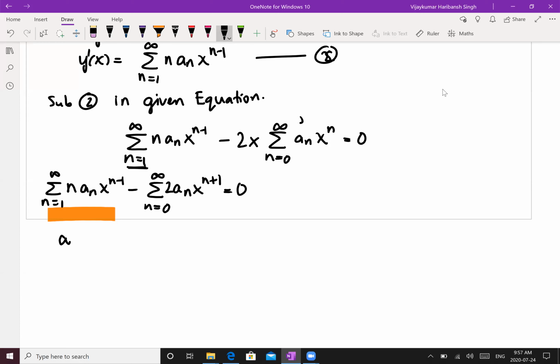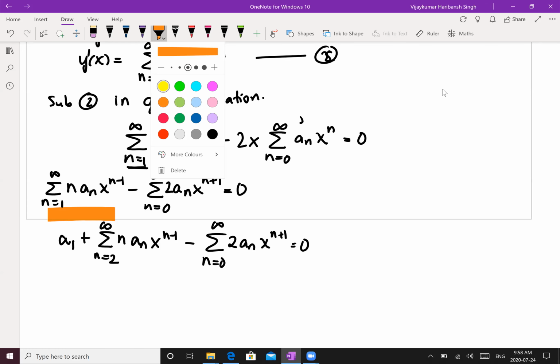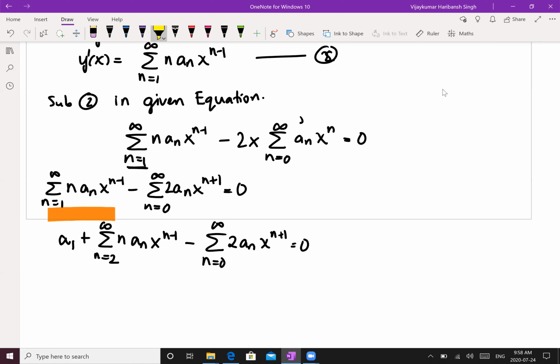When n is 1, for this term we get a_1, plus summation n equals 2 to infinity of n a_n x to the power n minus 1, minus summation n equals 0 to infinity of 2 a_n x to the n plus 1, equals 0. Now why am I doing that? I want the powers to match, so this one starts at n equals 0, and I want the same thing here. So I will do the following.